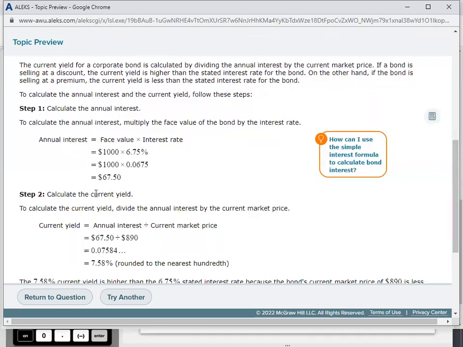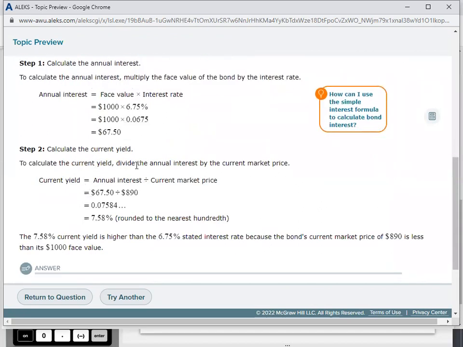Now, what about the current yield? To calculate the current yield, divide the annual interest, so that's $67.50, by the current market price, not the face value of $1,000, but the current market price of whatever it is right now, today. Remember, those prices tend to fluctuate throughout the trading day.